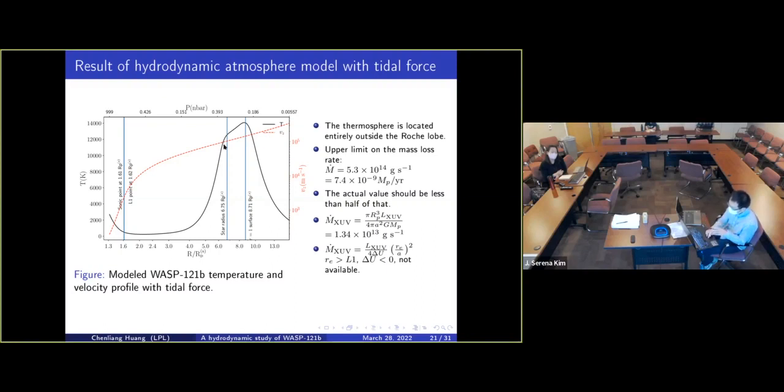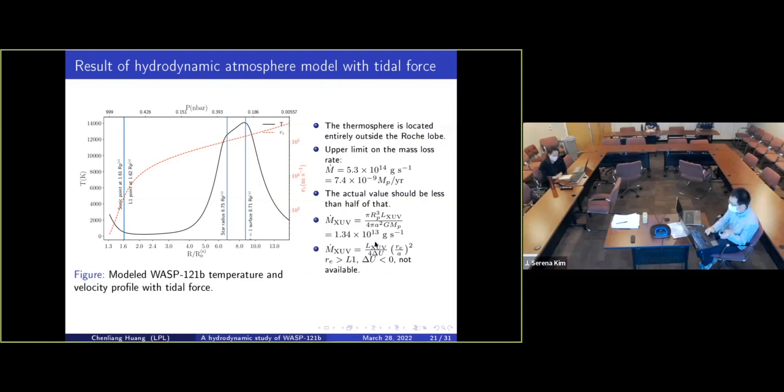Using this velocity, assuming uniform mass loss, it will be 5 times 10 to the 14 grams per second, or almost 10 to the minus 8 planet masses per year. Because the mass loss will not be spherically symmetric with the tidal potential, the actual value is probably more like half of this value.